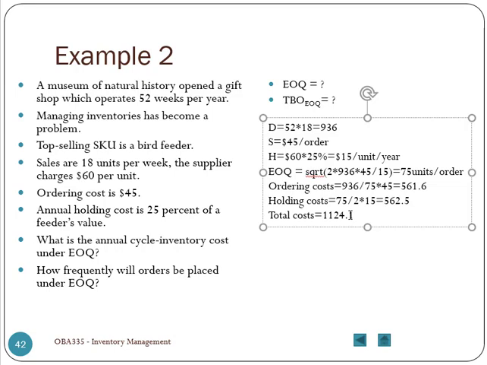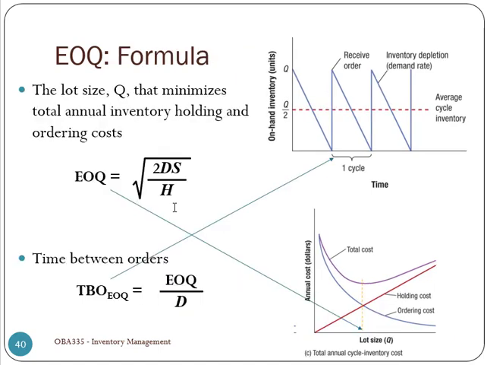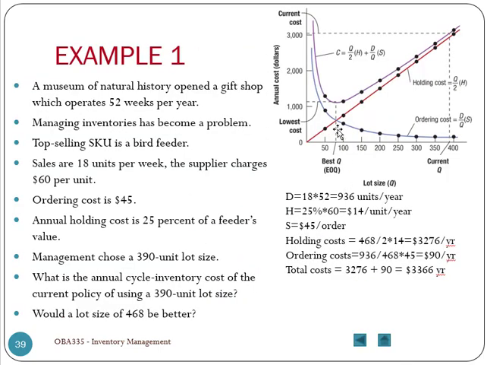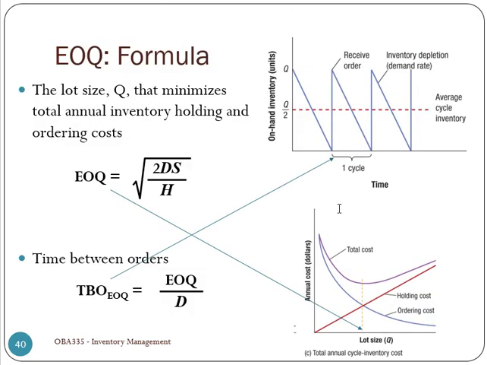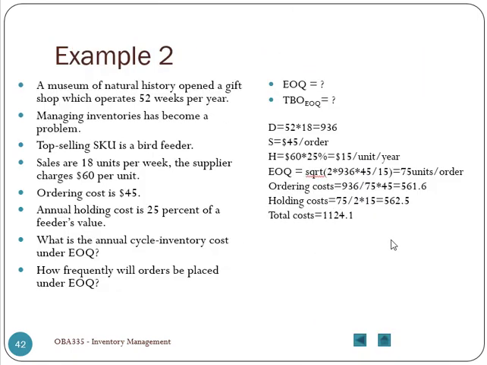So that's the minimum total costs. If we look at the diagram, it's right here. The total cost is a little bit over 1,000, and 75 is pretty much here. So the economic order quantity is 75 units per order, and that will lead to the lowest total cost, 1,124.